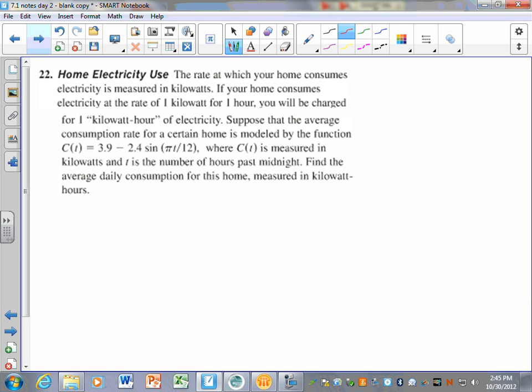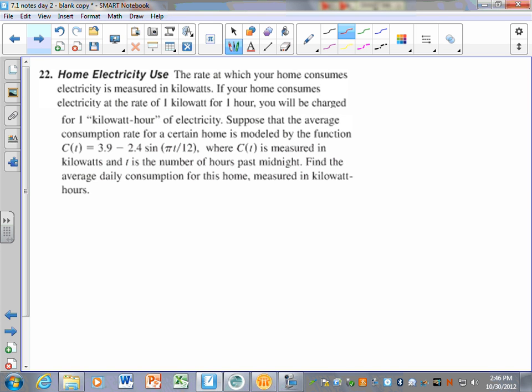If your home consumes electricity at a rate of 1 kilowatt for 1 hour, you will be charged for 1 kilowatt hour of electricity. Suppose that the average consumption rate for a certain home is modeled by this function, C of t equals 3.9 minus 2.4 sine of pi t over 12, where C of t is measured in kilowatts and t is measured in the number of hours past midnight. Find the average daily consumption for this home measured in kilowatt hours.